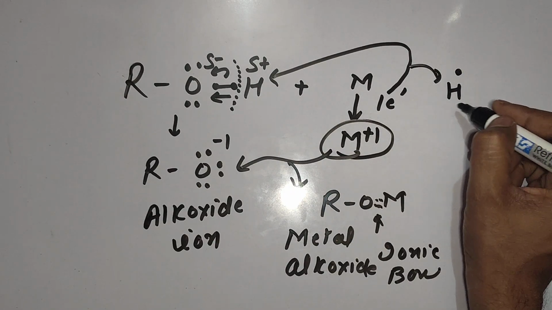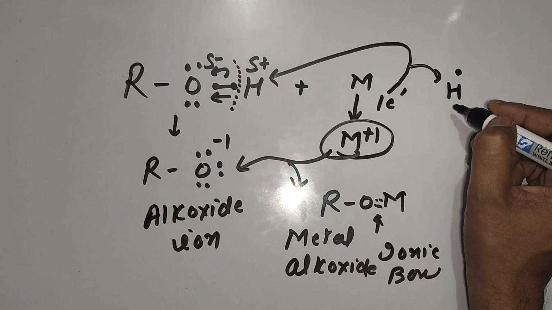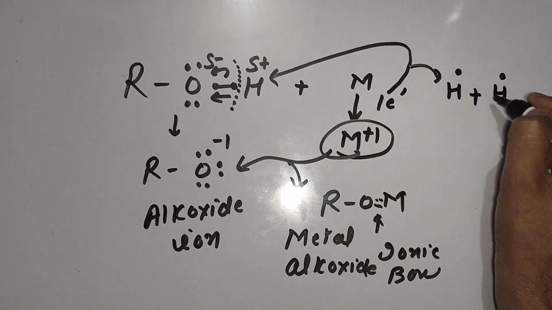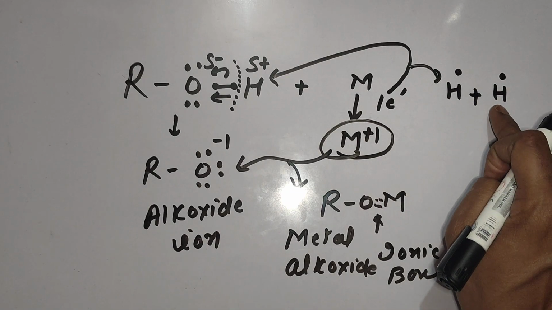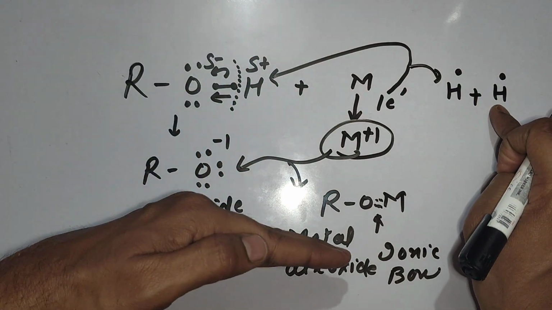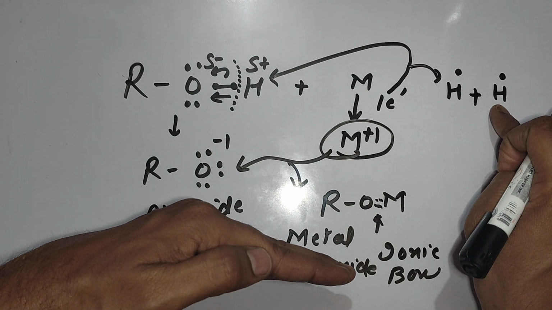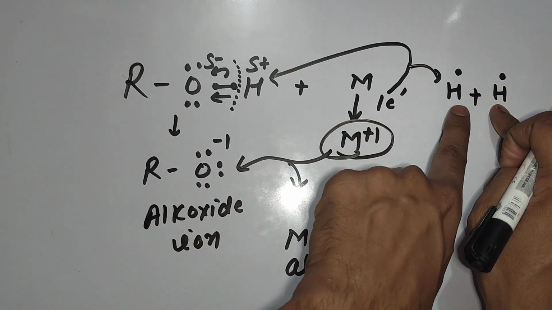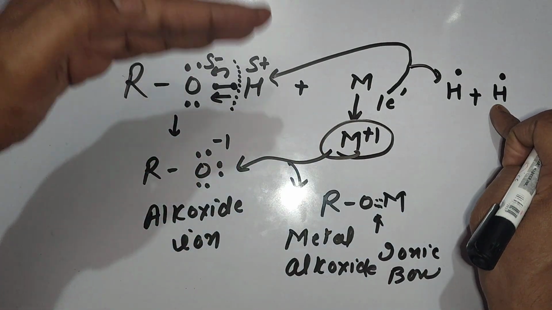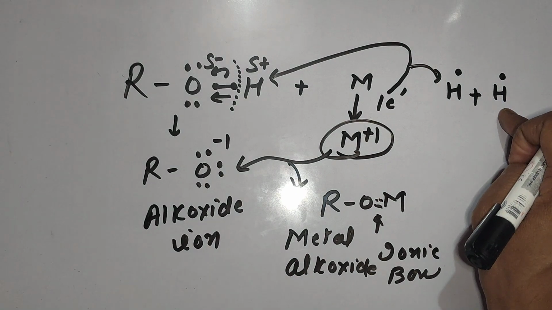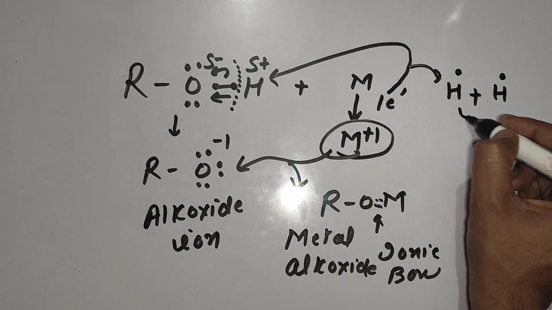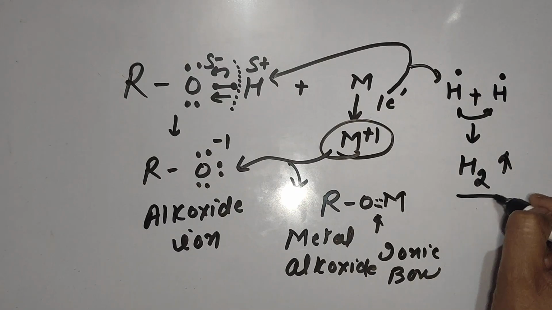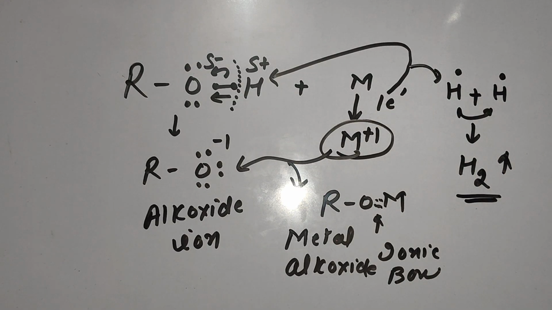Now we know such hydrogen free radicals are highly unstable, so it will combine with another hydrogen free radical which will be generated from such same reaction. Another same reaction will happen here. This is a first reaction due to which one H free radical is generated. Another reaction second time will happen, another free radical will generate. So they will combine to produce hydrogen gas. That's it. This is very easy reaction.